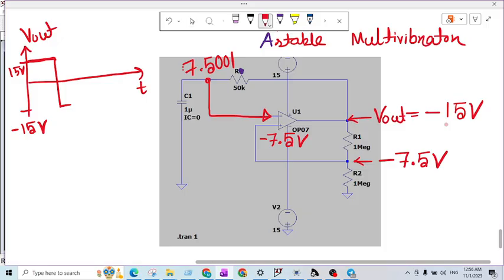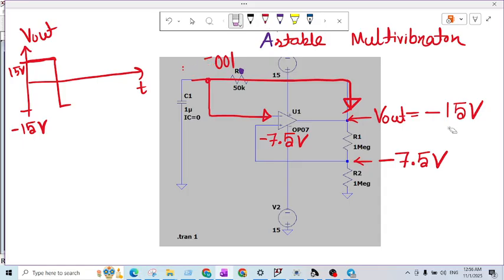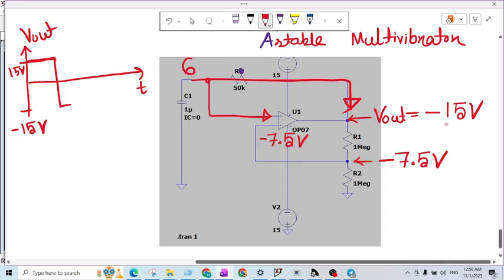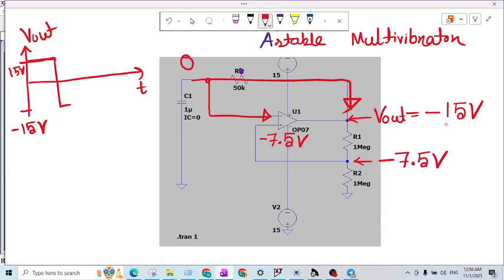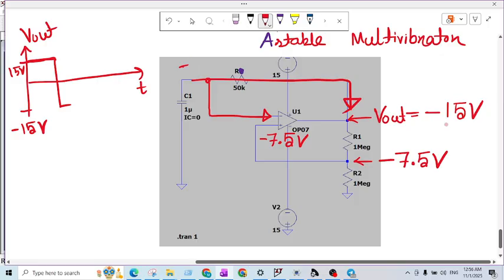That means now capacitor will discharge in this path, and as it is discharging, the voltage will be reduced. That means after some time you will see its voltage is 6, then 5, then 4, 0, minus 1, minus 2, minus 3, and by this way it will gradually become minus 7.5 volt.